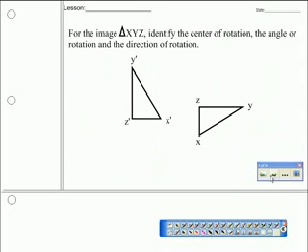Mostly I'm not real concerned with the center of rotation, just the direction and the angle, or the number of degrees. Now this one, where am I starting? The one that faces up or the one that faces sideways? Sideways. How do you know that, Chris? You were correct. It doesn't have the prime marks. Very good.